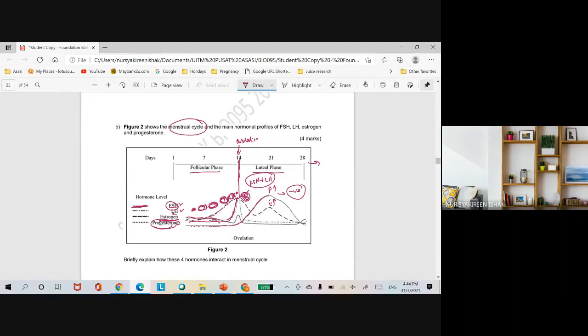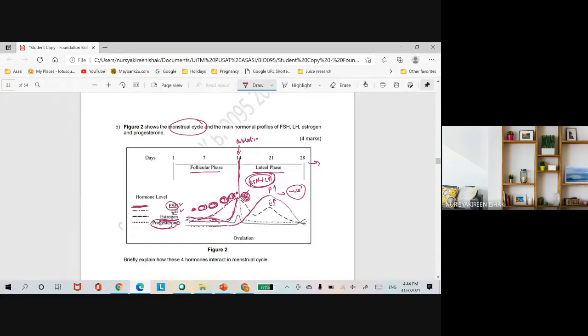Negative feedback kepada siapa? Dia akan exert negative feedback kepada hypothalamus and also anterior pituitary gland. Okay, so when it exert negative feedback to the hypothalamus and also anterior pituitary gland, so it reduces the secretion of FSH and LH.